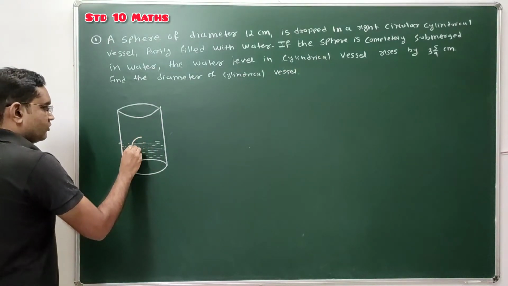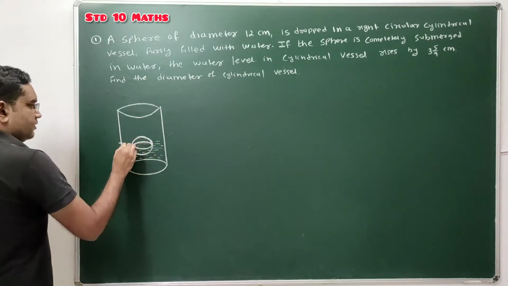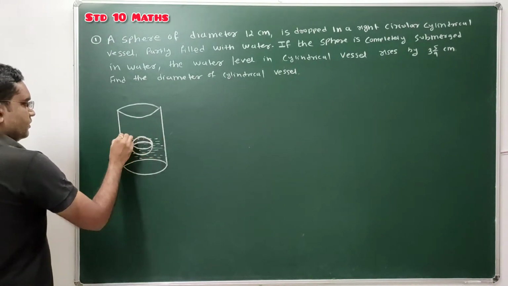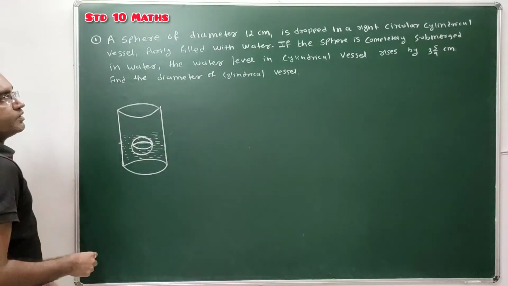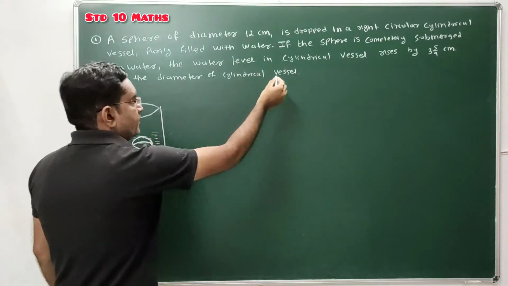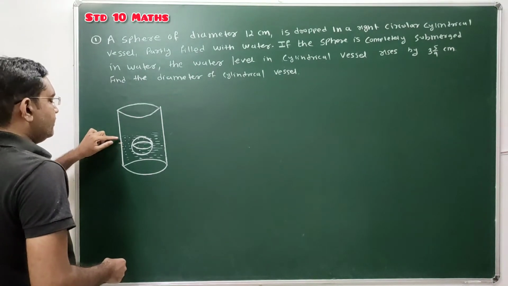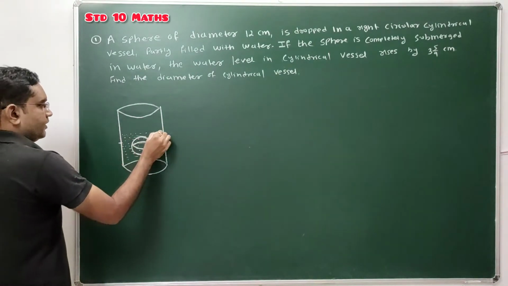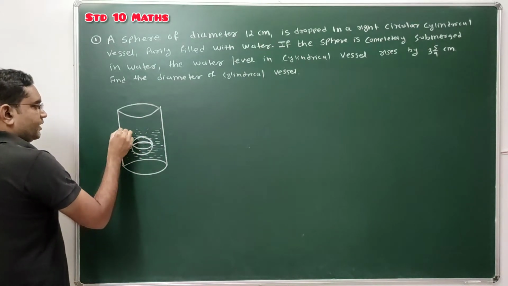So this is the sphere. If the sphere is completely submerged in water, then the water level in the cylindrical vessel rises. This is the initial level of water. If we submerge the sphere in the cylinder, the water level will increase.